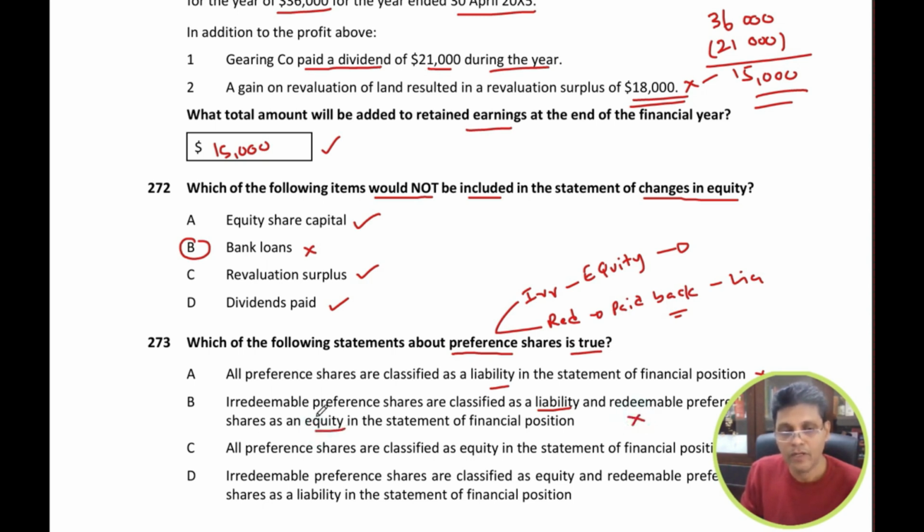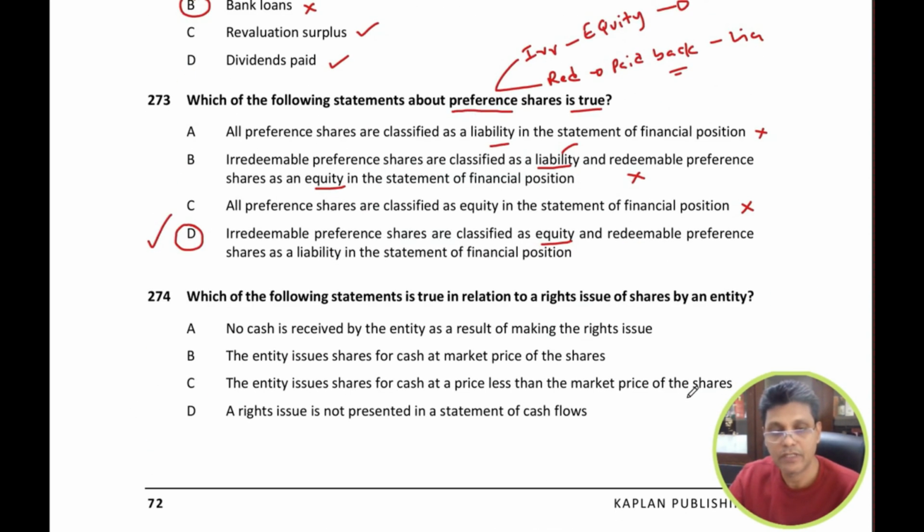As I told you, irredeemable preference shares are treated as equity and redeemable preference shares are treated as liability. All preference shares are classified as equity in the statement of financial position, which is not correct. Irredeemable preference shares are classified as equity and redeemable preference shares as a liability in the statement of financial position. This is the correct answer. Okay, so let's move on to the other question.